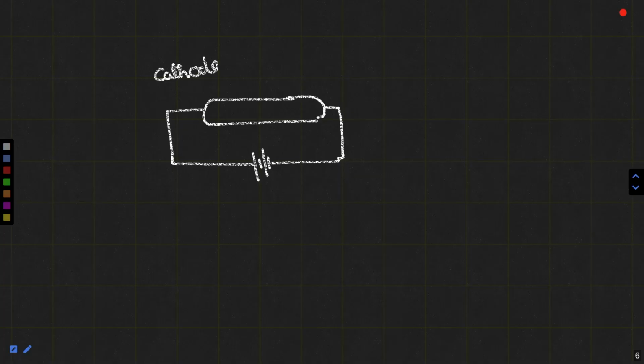What will be the charge on cathode? Of course, it will be negative. So this is negatively charged. What about anode? So anode will be positively charged. Any doubt till this experiment?